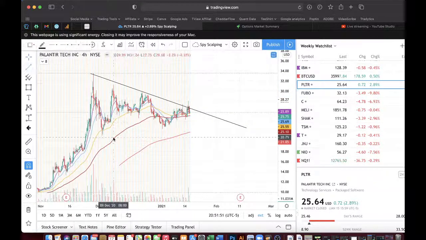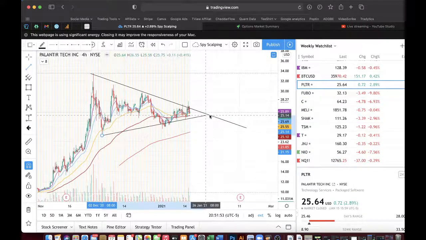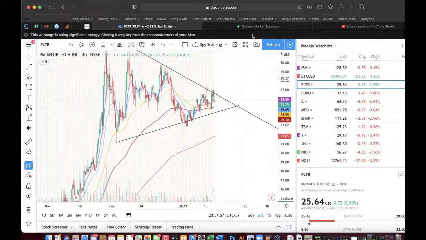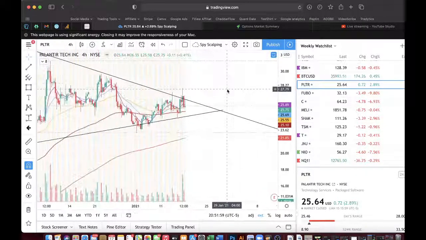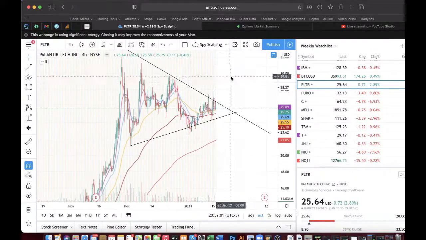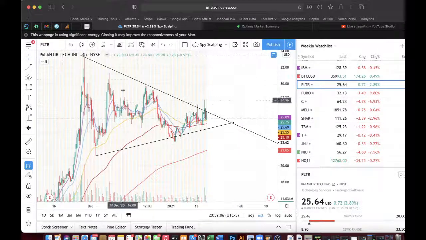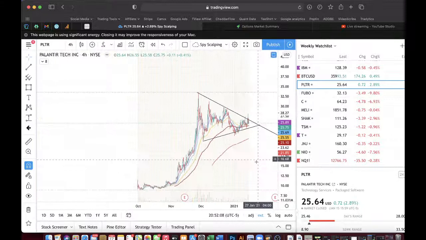If you are unfamiliar with Cathie Wood, she added Palantir to her portfolio of, I think it was ARKX or something like that, one of her ETFs or funds. But it's forming a pretty aggressive bull flag here.